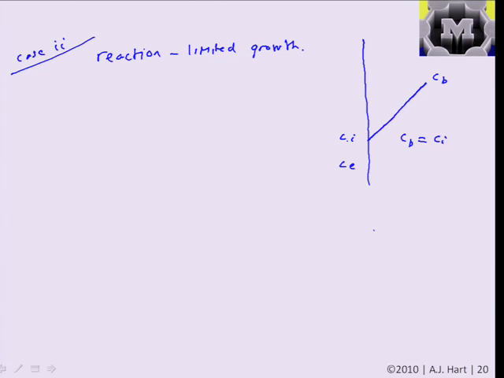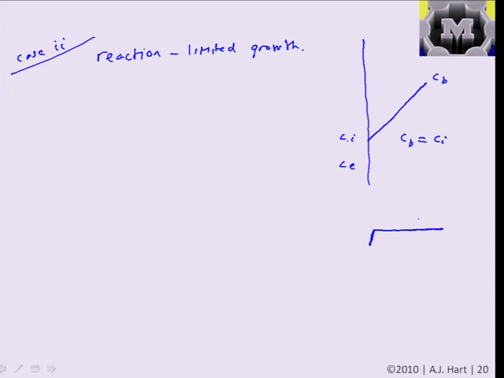So you really have a gradient driven by the reaction at the surface, and no gradient going away from the particle as a limiting approximation.